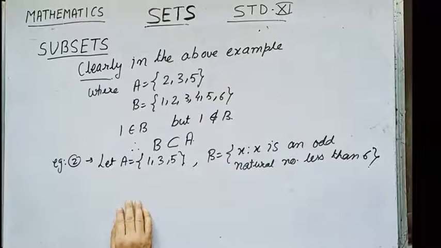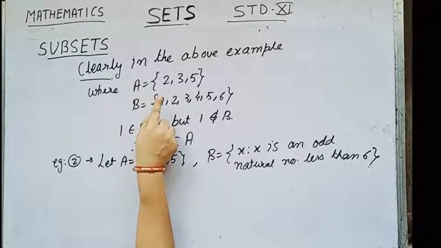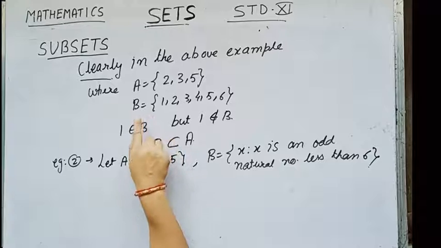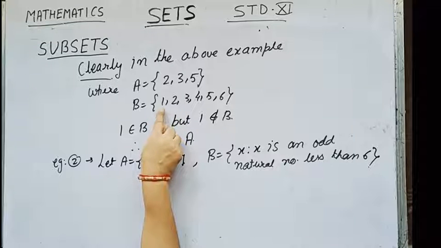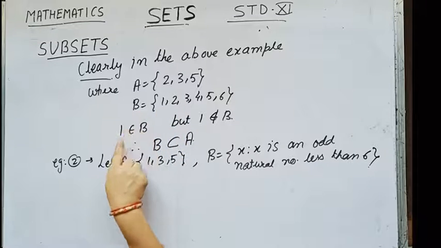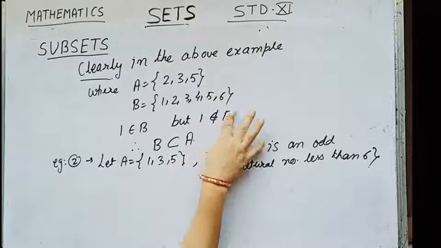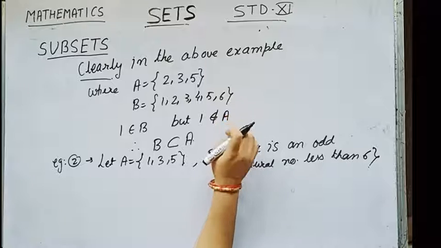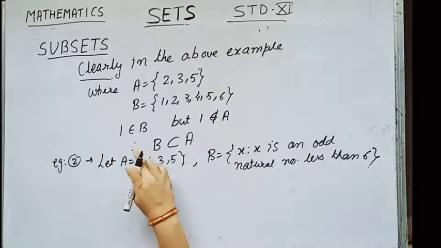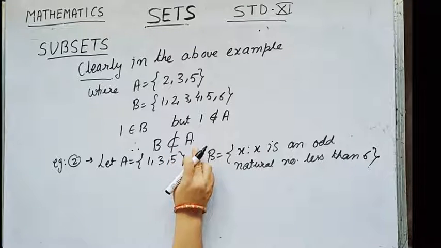So children, clearly in the given example where A is equal to the set containing 2, 3, 5 and B is equal to the set containing 1, 2, 3, 4, 5, we know that an element, suppose 1, belongs to B, but 1 does not belong to A. So we can say that B is not a subset of A. What we got?